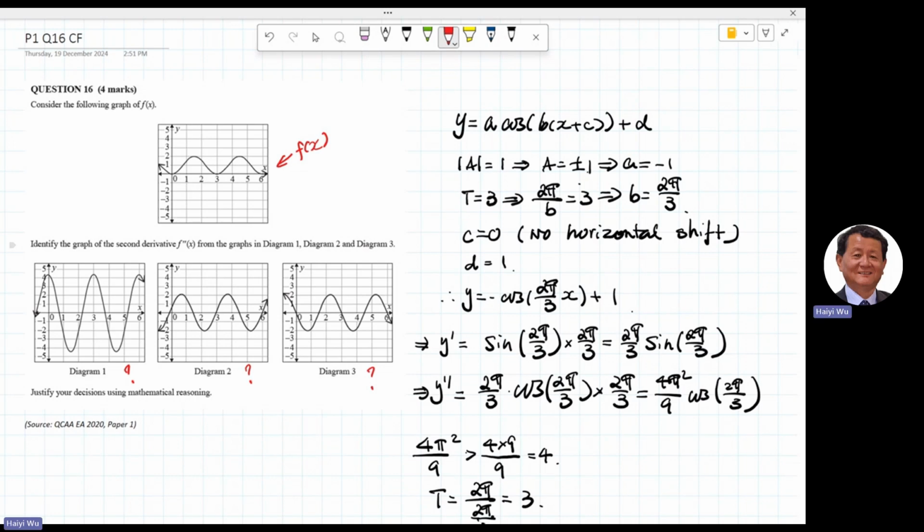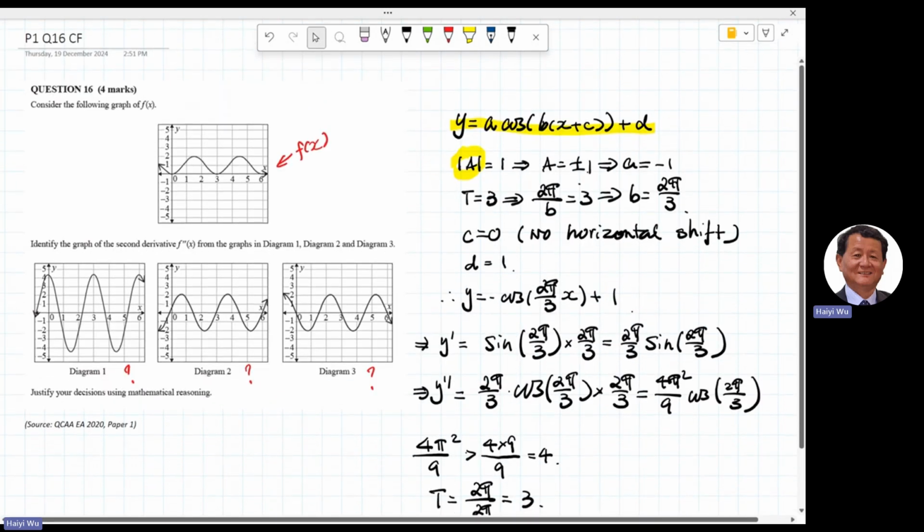I'm going to let this function be cosine, because it looks like a cosine wave. However, it is actually an upside-down cosine. The amplitude is 1, which could be positive or negative, but I'll use a negative because of the upside-down cosine.